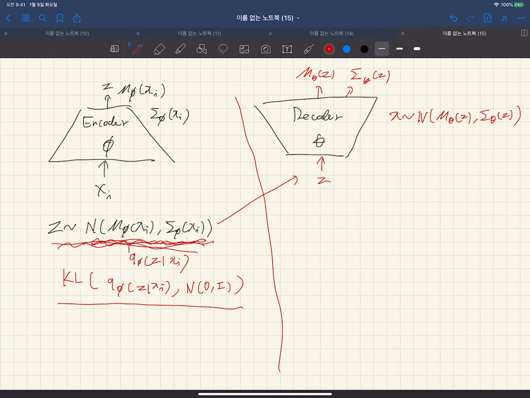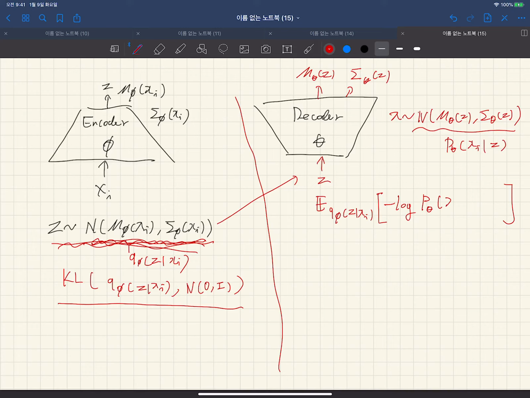Since the latent variable is a random variable following q phi z xi, we will take the expectation of the negative log likelihood value. The negative log likelihood is based on p theta, the distribution for xi given z.